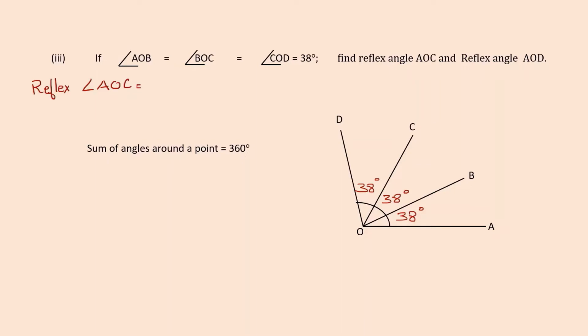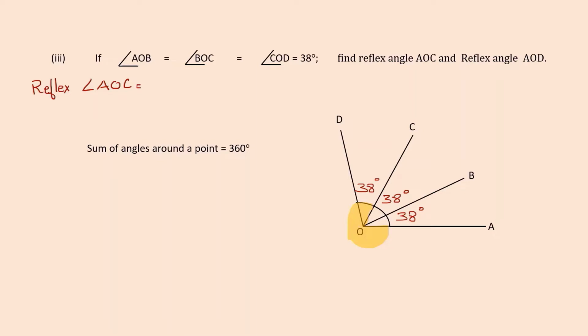Leaving out AOC angle, everything else on the other side will be reflex angle. So what I have highlighted here is the reflex angle AOC. So to find this angle, I have to start with 360 degrees because they're all around a point.